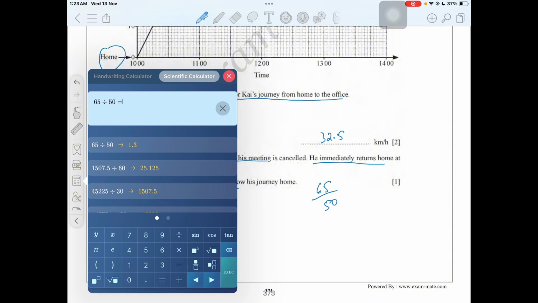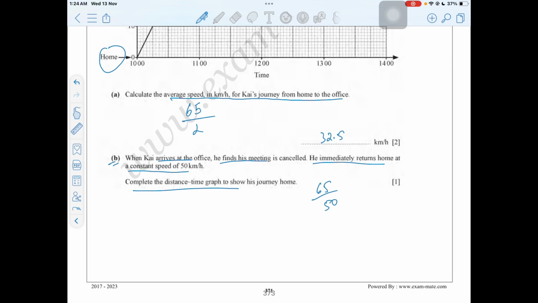What is 0.3 multiplied by 60? 0.3 multiplied by 60 would be 18, right? So 1 hour and 18 minutes required.